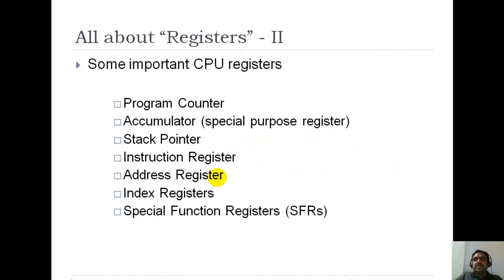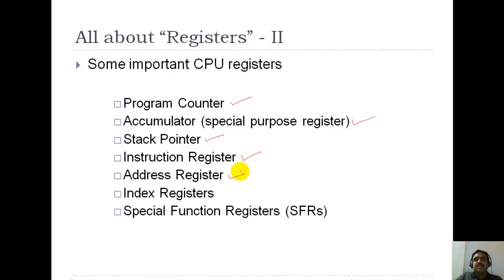Now, we were talking about some special purpose registers reserved for some use in the previous slide. This particular slide talks about some of the special purpose registers that you might find in general. One is program counter, accumulator. Accumulator is nothing but a special purpose register because it's a storage element, except that we call it with a different name, accumulator. Stack pointer, instruction register, address register.